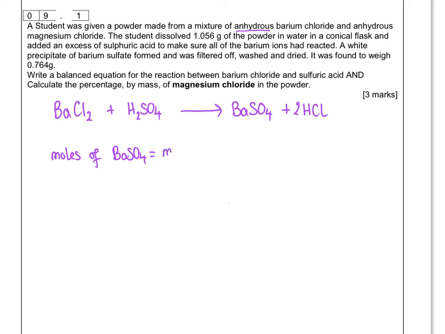And we can do that by doing mass over MR. The dry weight was 0.764, and using the periodic table we can work out the MR of barium sulfate at 233.4. Remember, when you're working out an MR from the periodic table, always do it to 1 decimal place. And that gives us 0.00327 moles.